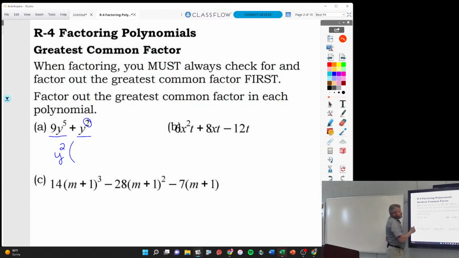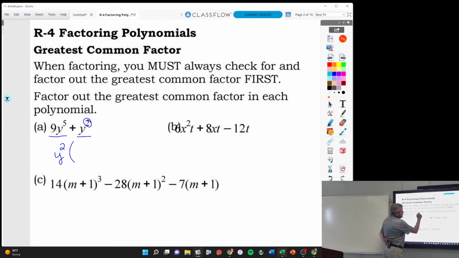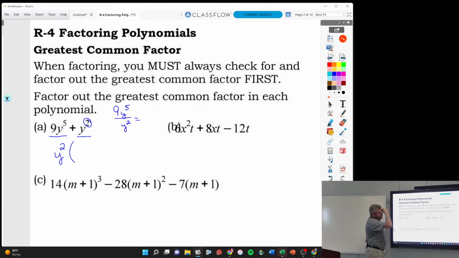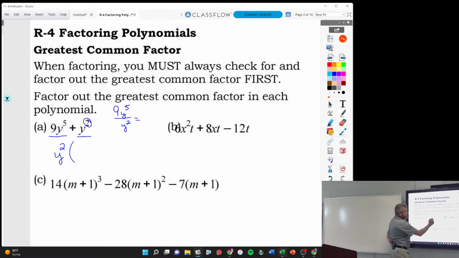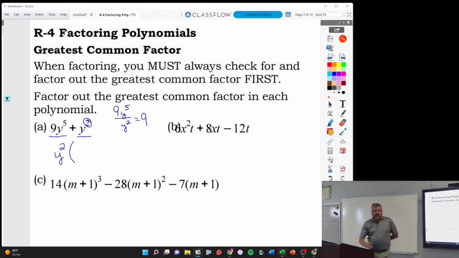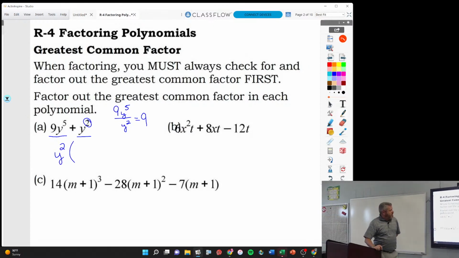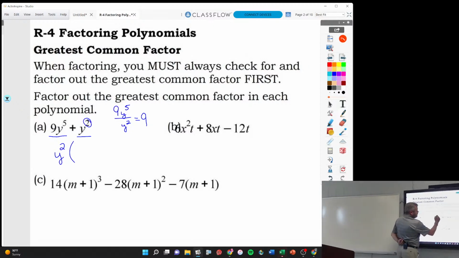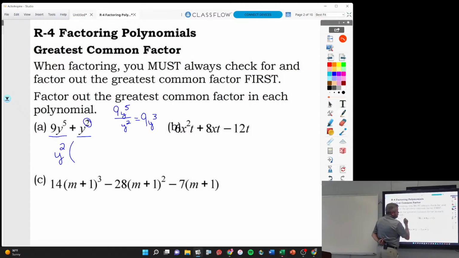So I took a y squared out of 9y to the 5th. Well, if I just divide that, 9y to the 5th power divided by y squared. Well, 9 divided by 1 is just 9, so I still have a 9 there. And we're going to come back to talking about the rules for exponents in a little bit. But if I have y to the 5th power divided by y squared, I'm left with y cubed.